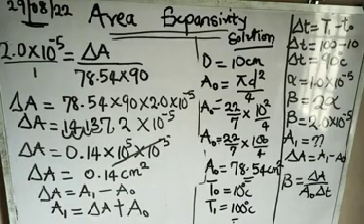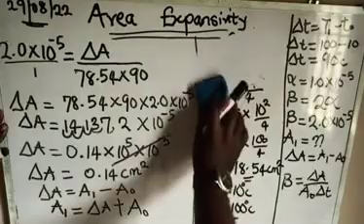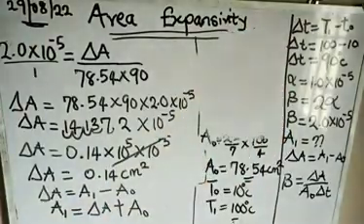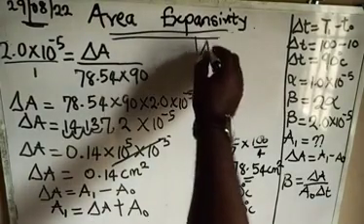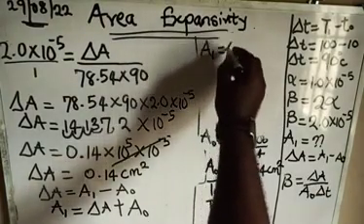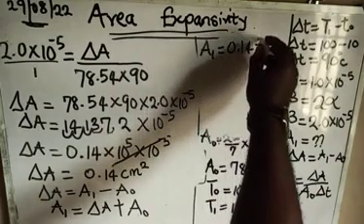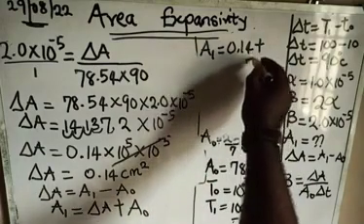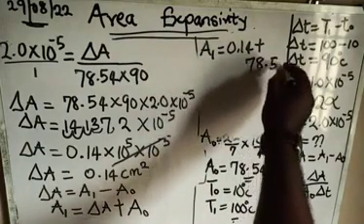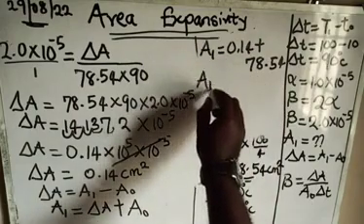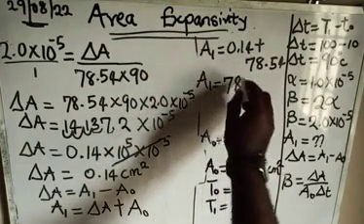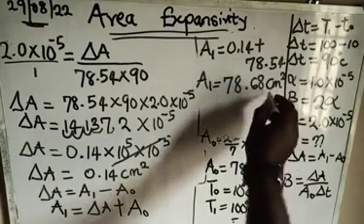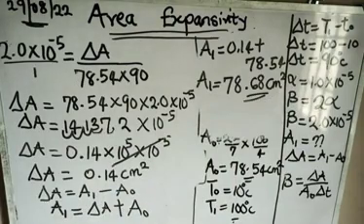That gives me A1 equals 0.14 plus my A0, 78.54, and that will give me that my new area is equal to 78.68 cm squared. Yeah, that's the new area of the disk.